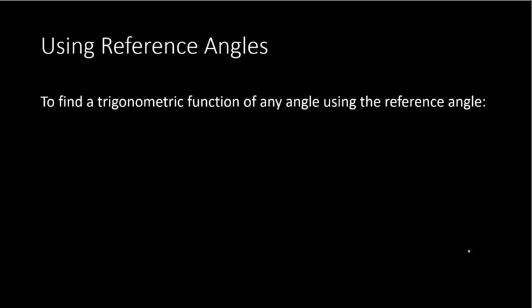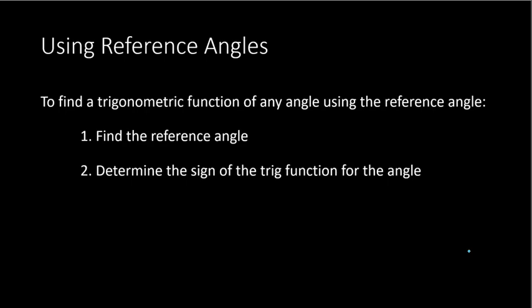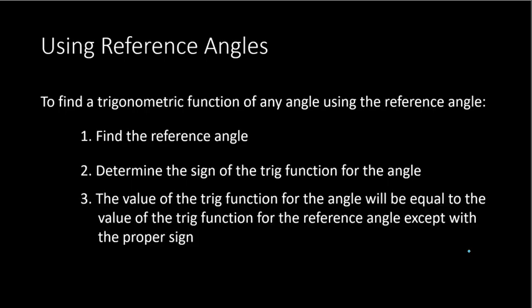So to do this, step 1 is find the reference angle, and step 2 is determine the sign of the trig function for that angle. The value of the trig function for that angle will be equal to the value of the trig function for the reference angle, except make sure you have the proper sign. All right, let's put that together and see how that works.